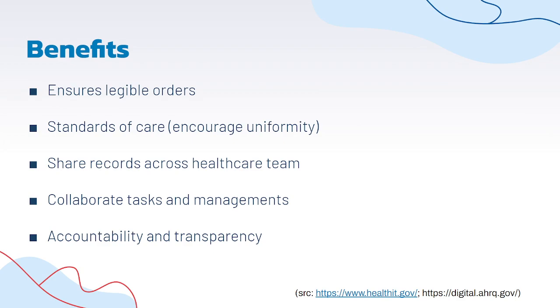Lastly, accountability and transparency. The information on the patients and the actions done will be visible to everyone that has access to HEART. So there is transparency. There will be timestamps indicated as well.